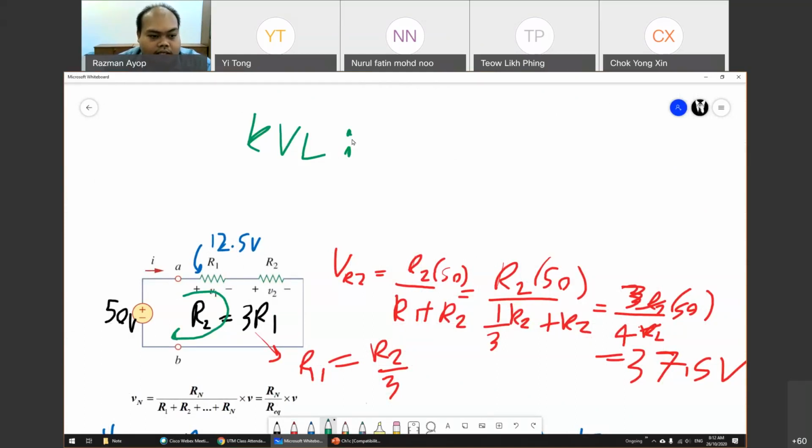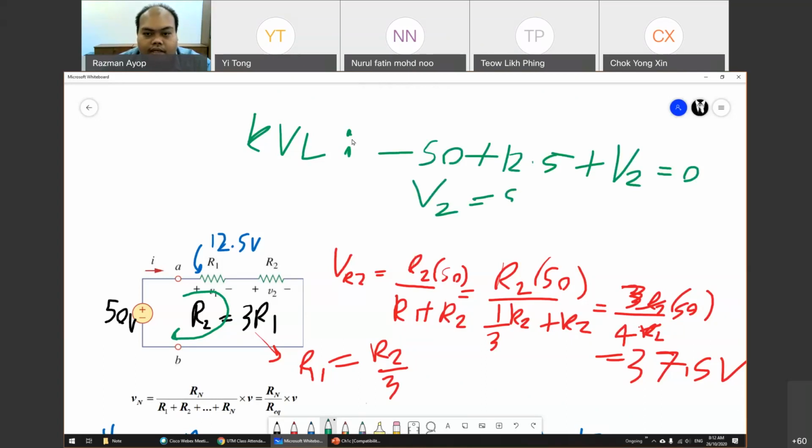Do a loop here: negative 50, then plus 12.5, then plus V2 equals 0. So V2 you can get as 50 minus 12.5, which equals 37.5.